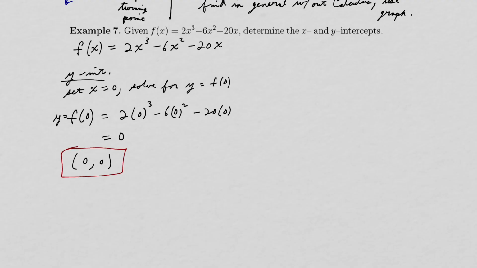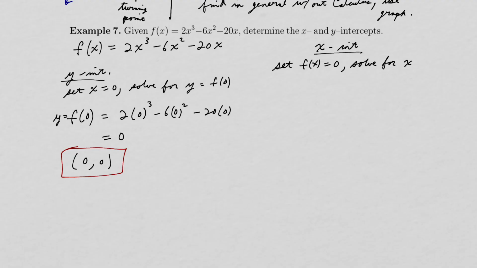And then what about the x-intercepts? Well, now I set the entire function equal to 0 and solve for x. I set y, which is the function, equal to 0, and solve for x.